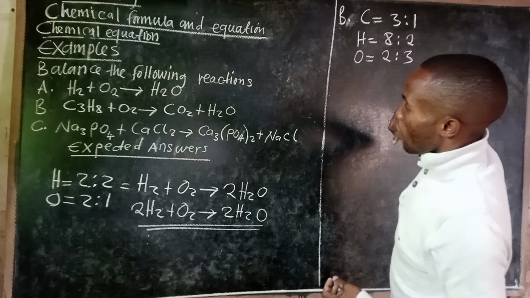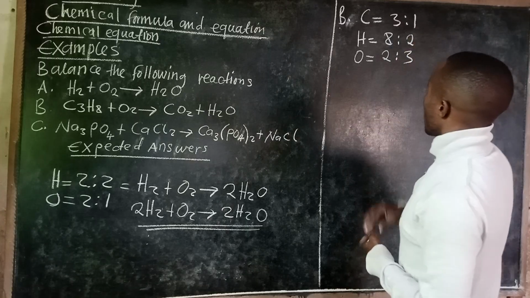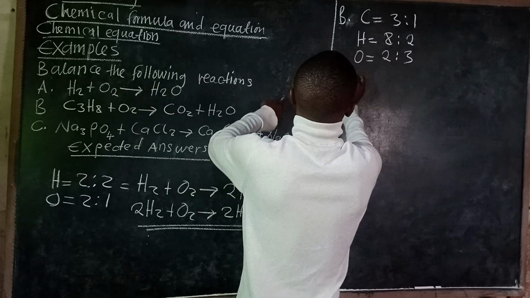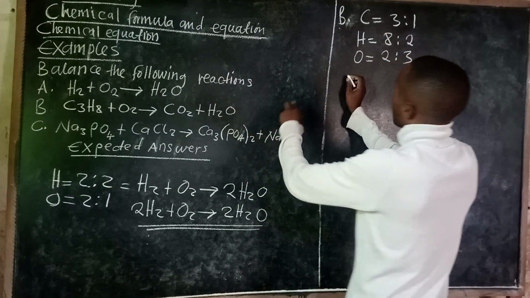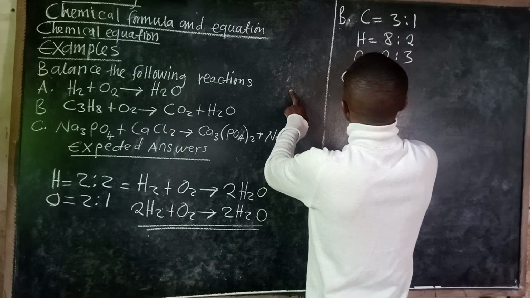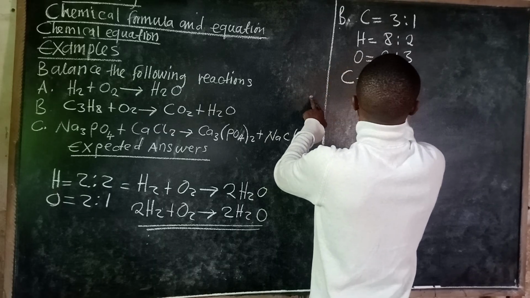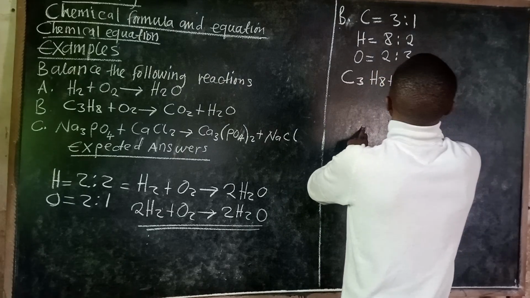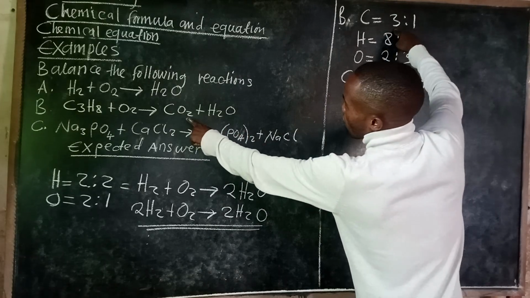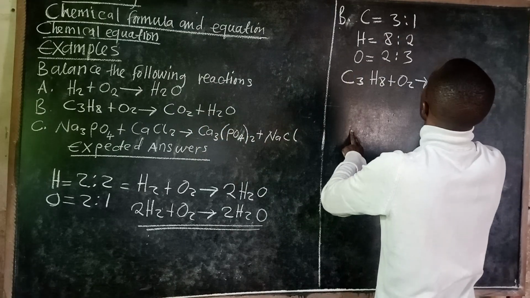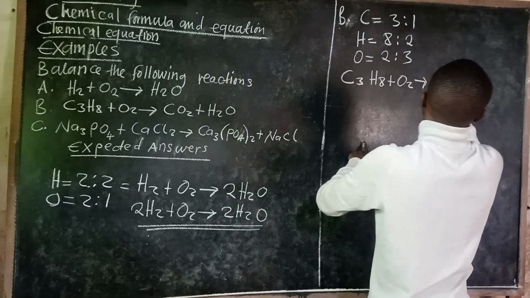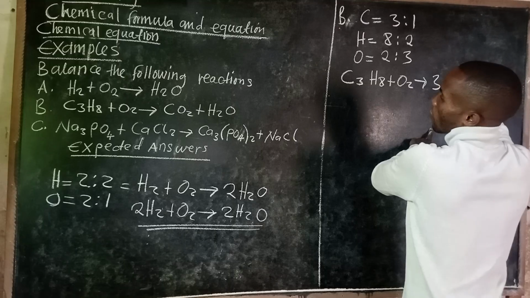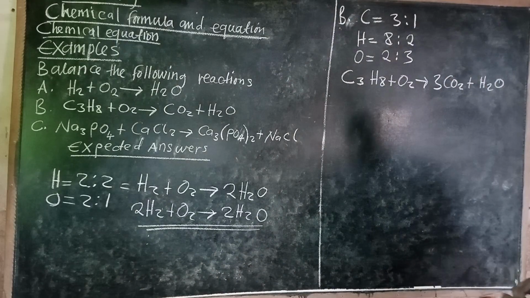So therefore, we write it just the way it is there: C3H8, chemical formula, plus O2, then we add the 3 for carbon, so 3CO2, then plus H2O.